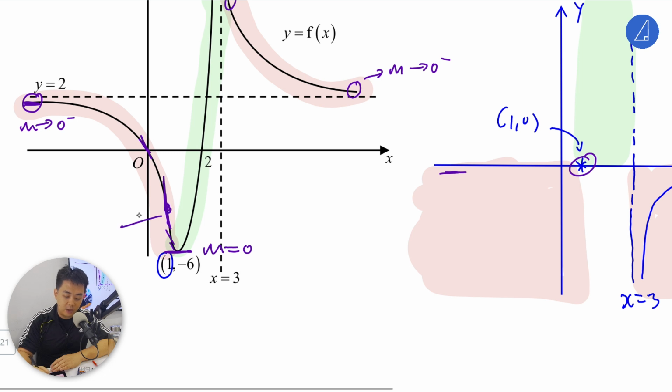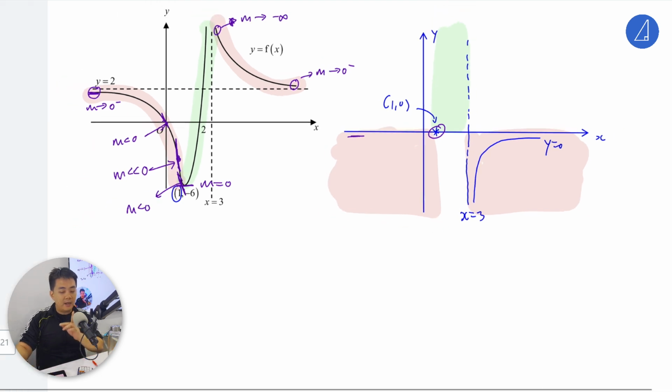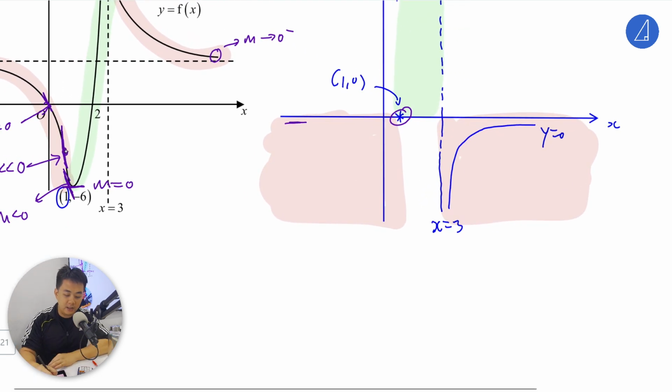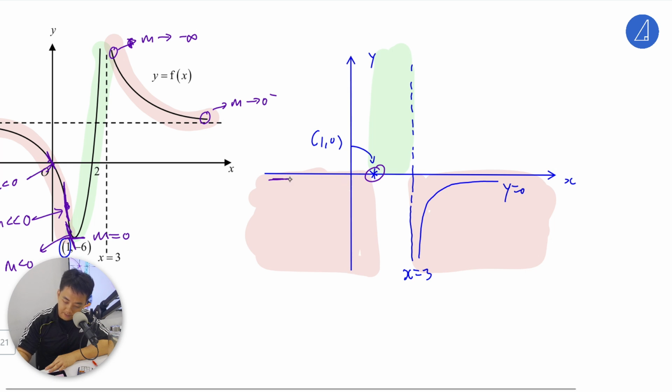So you can put this as m much less than 0, meaning it is the steepest. Then this is 0. After that, this point here will be m less than 0. So there is a steepest point. In fact, this will correspond to the steepest point. Let me just draw this aside. It will be like that.